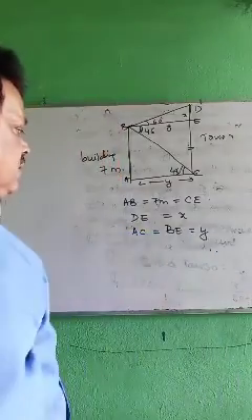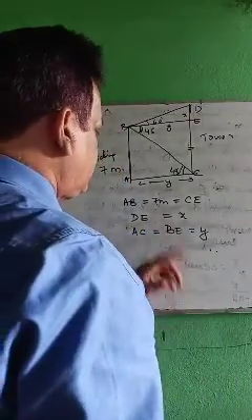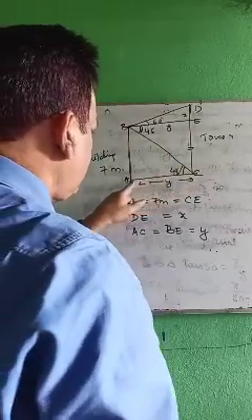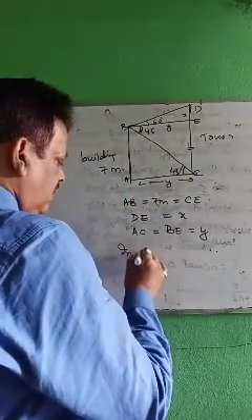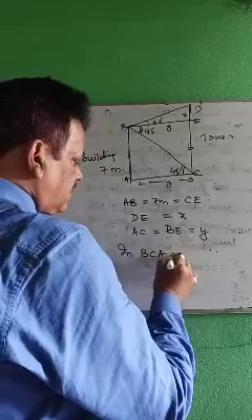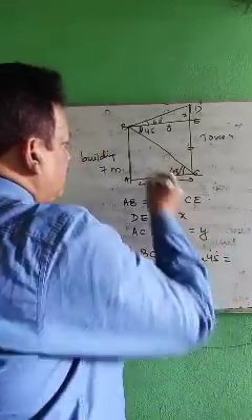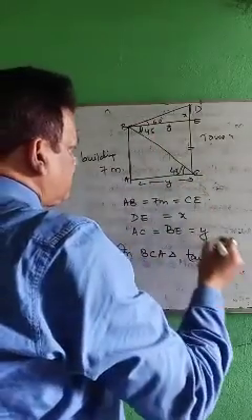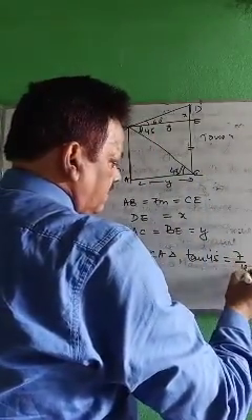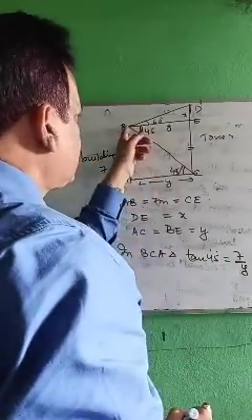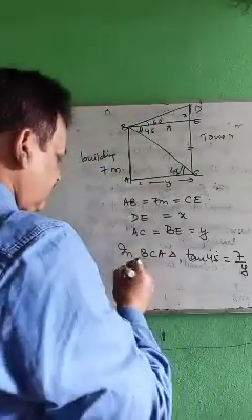Now what you find here is, which triangle now you take? One is BCA triangle. In BCA triangle, tan 45 equals perpendicular by base, that is 7 by Y. You have to solve it. Find out tan 45, you have to put. Then you have BED triangle.